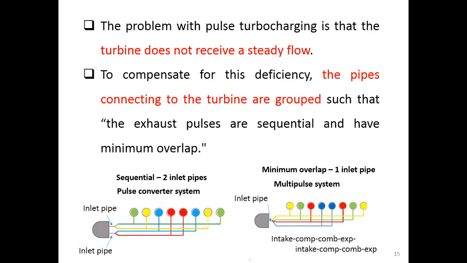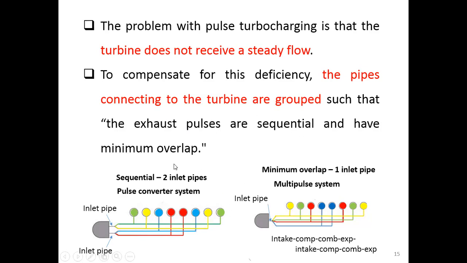So we try to reduce this deficiency by grouping the pipes all together, under the concept that the exhaust pulses will be sequential and the exhaust flow will have a minimum overlap, in order to keep it in sequence here.